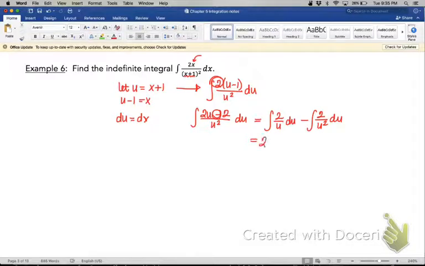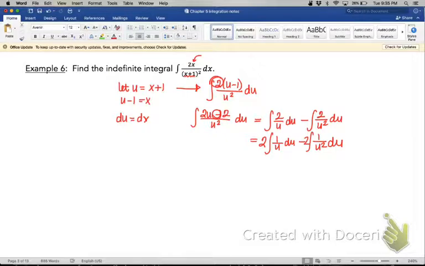So we have 2 times the integral of 1 over u du minus 2 times the integral of 1 over u squared du, like this, okay?